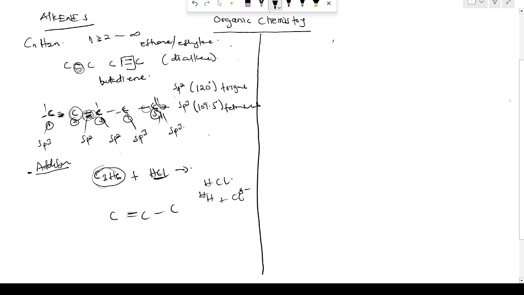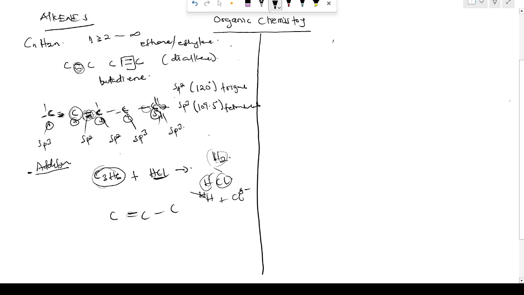So for every one double bond you have, we need two atoms of an element to break that bond. If it's hydrogen, that means you need two atoms of hydrogen to break one double bond, similar to saying H2, two atoms of hydrogen.